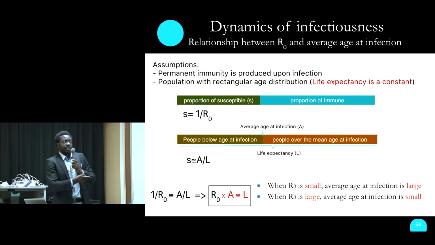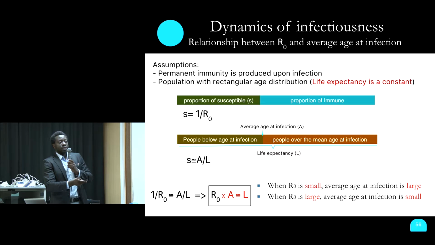So we can estimate the proportion of susceptible. In a population where some people are susceptible and some are immune, the proportion of susceptible is given by this relationship, 1 over R naught. And we can also estimate in a very different way the proportion of susceptible by looking at the age at infection.